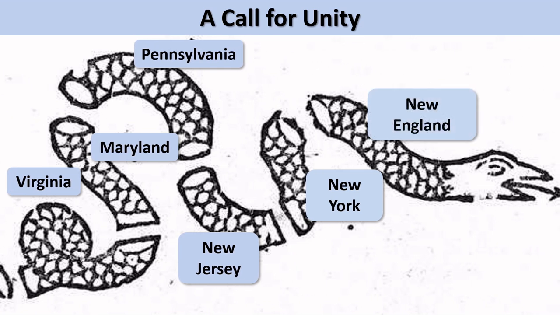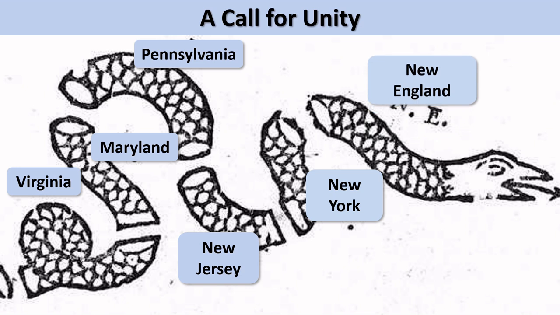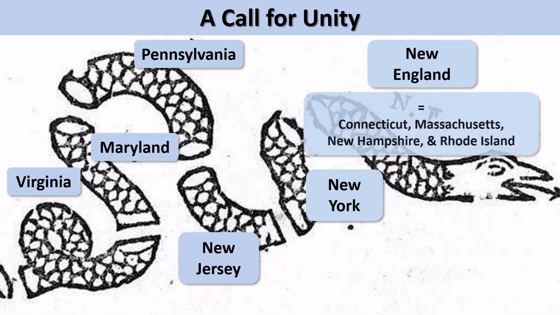In Franklin's day, New England was a name commonly used to refer to the colonies, later states, of Connecticut, Massachusetts, New Hampshire, and Rhode Island. Just 2 of the 13 original colonies are missing from this picture, Georgia and Delaware.